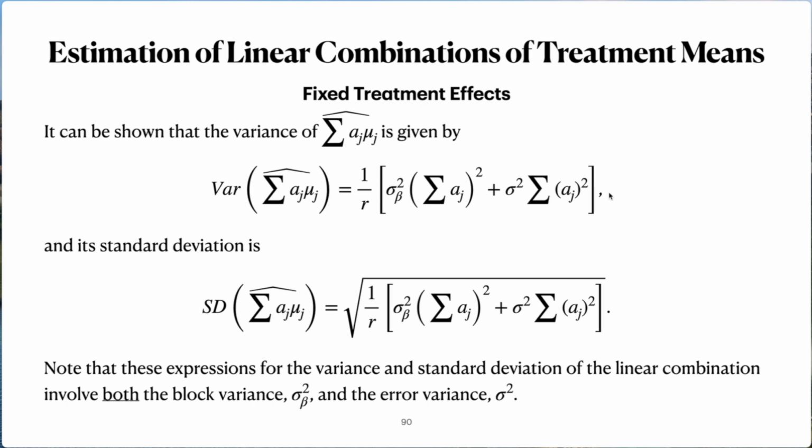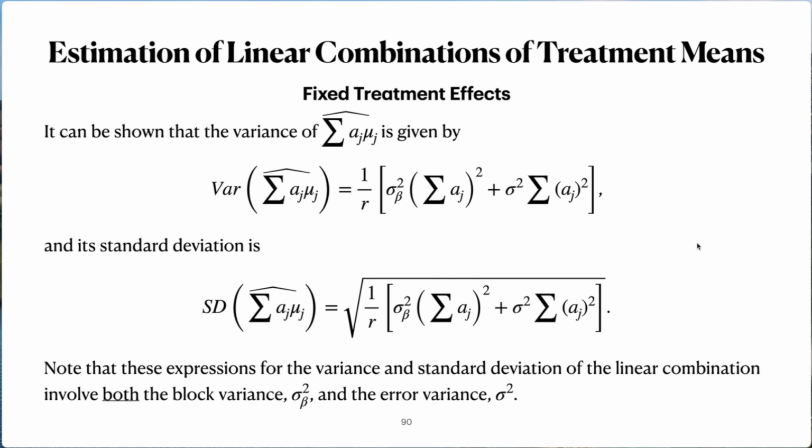All right, now once we have this expression for the variance, we can take its square root to get the standard deviation for that point estimator for the linear combination, which is just the square root of this quantity here.